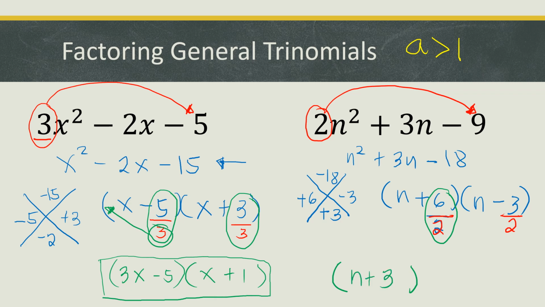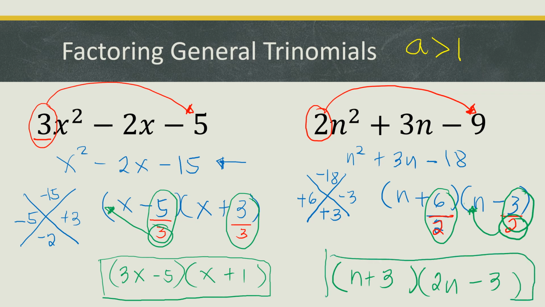So we have n plus 3. Second factor, 3 minus n over 2. 3 divided by 2 cannot be simplified. So we will use the denominator 2 as the numerical coefficient of the n variable. So we have now 2n minus 3. So these are now the two factors.